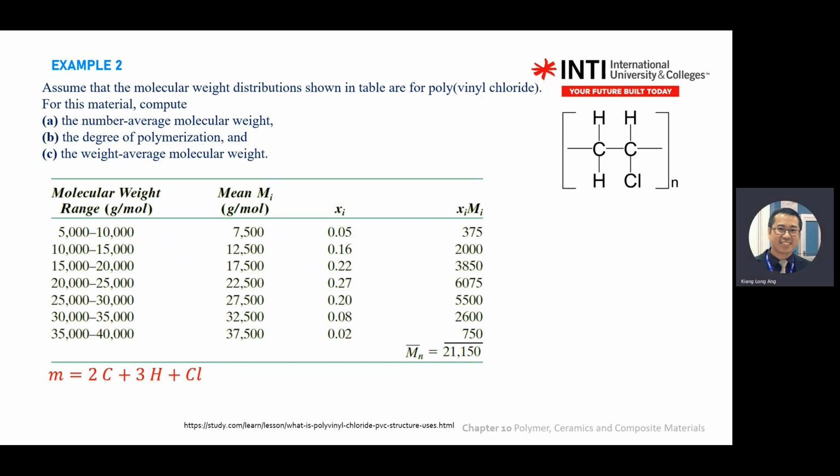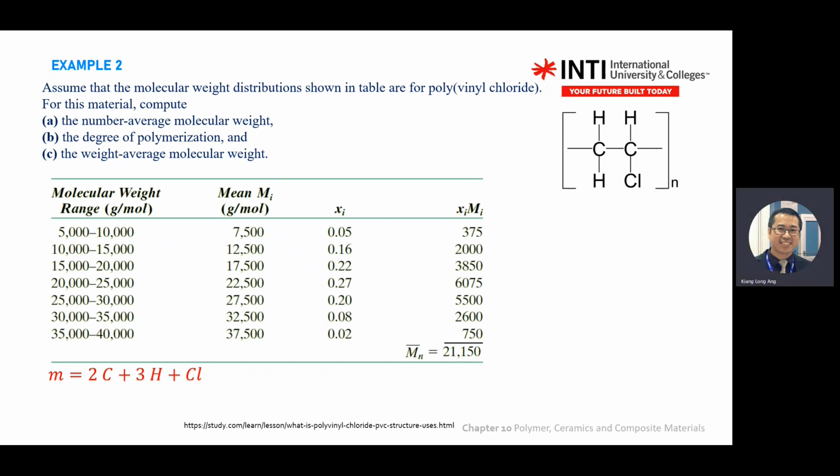To get the degree of polymerization, you need to get the ratio between the total polymer, the total of your molecule weight, this is the total main chain, divided by the molecule weight of your mer, of your individual unit or individual component.